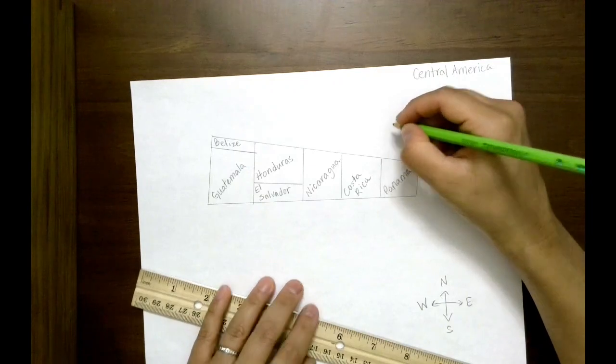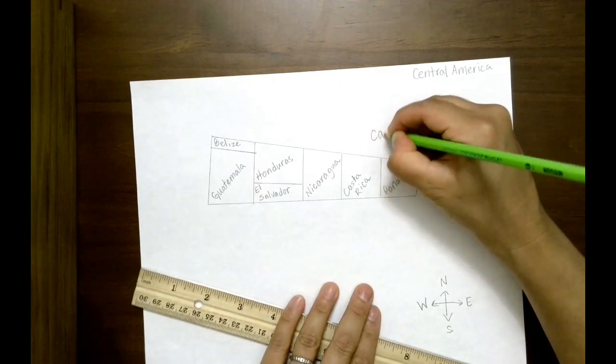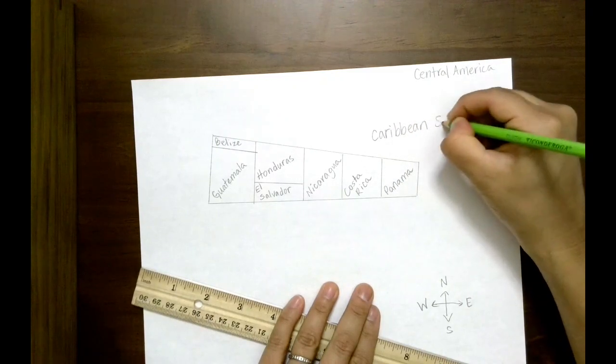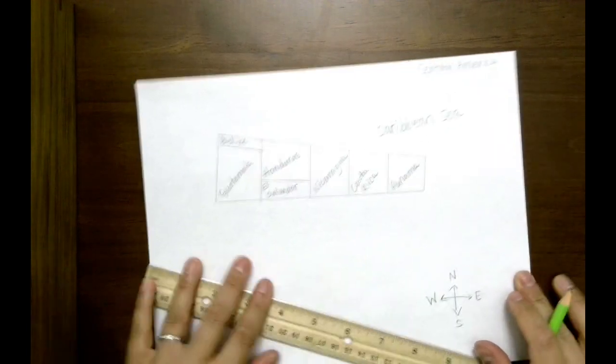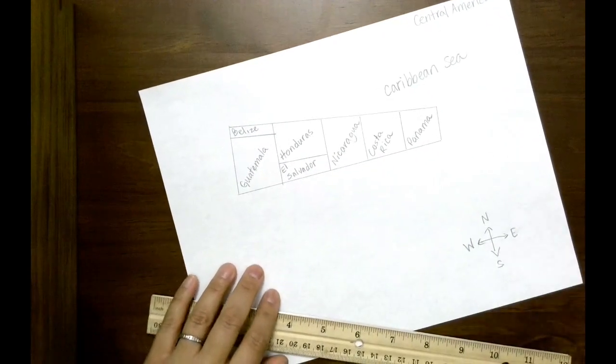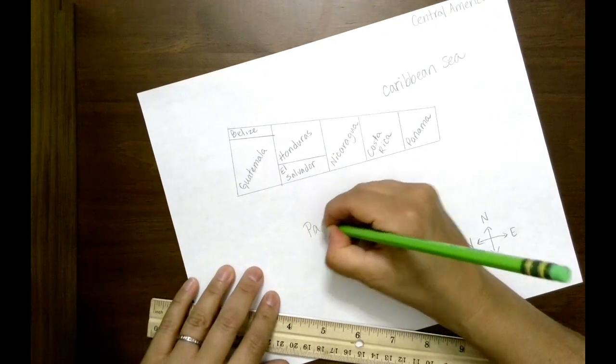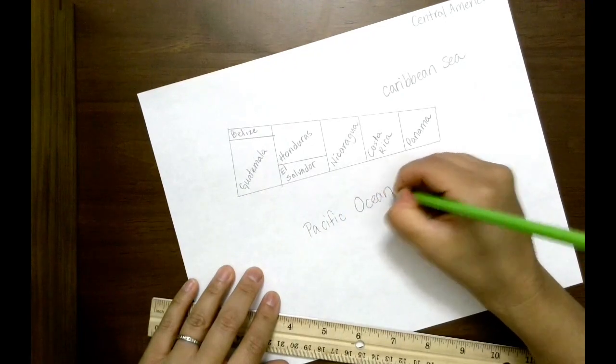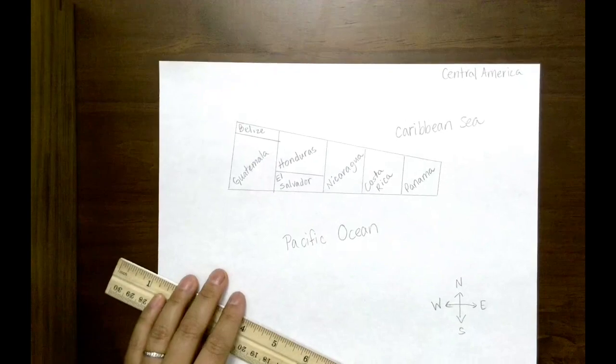So we've got the Caribbean Sea, or the Caribbean Sea, however you say it, and the Pacific Ocean. And there you go. That is Central America.